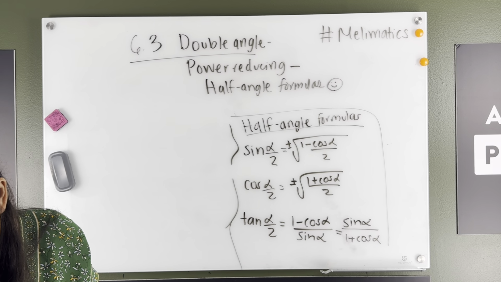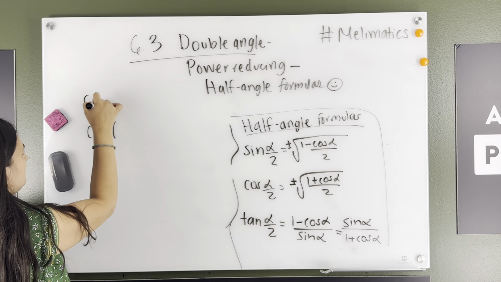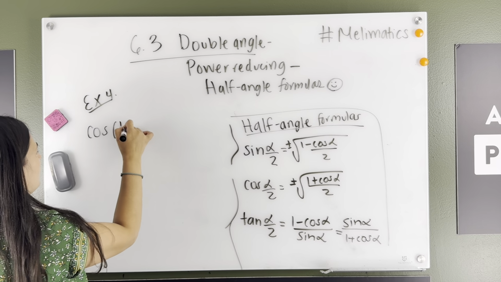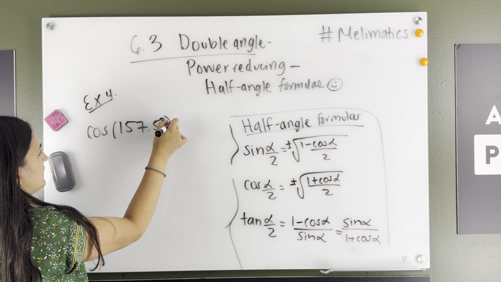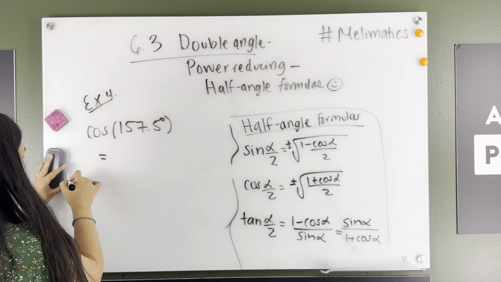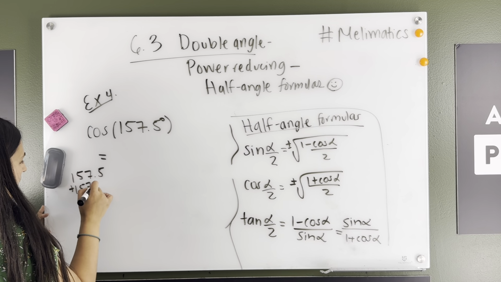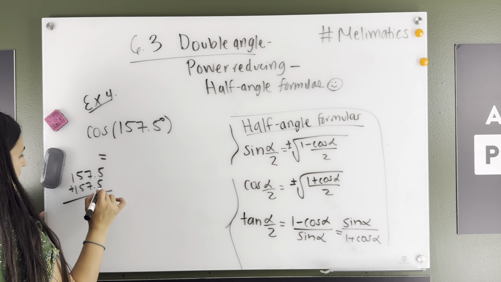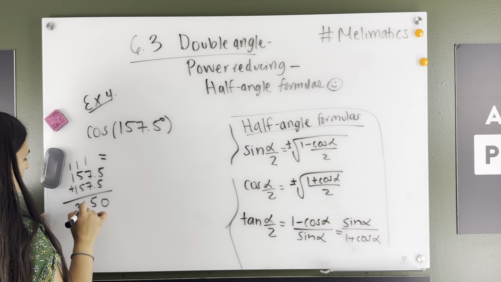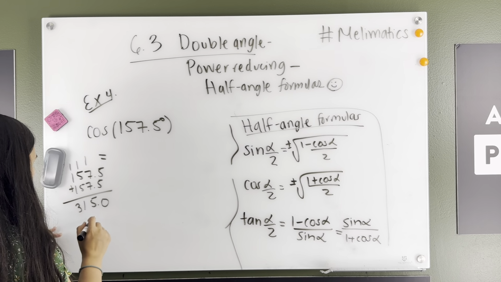So it's asking us, can you find out what the cosine of 157.5 degrees is? Well, we don't have that in the unit circle, but let's see if we were to multiply it by 2, if we do have that angle in the unit circle. 315 degrees, do we have that in the unit circle?